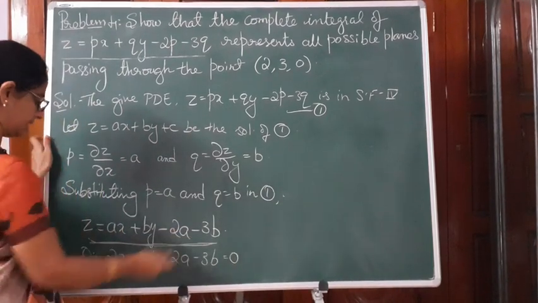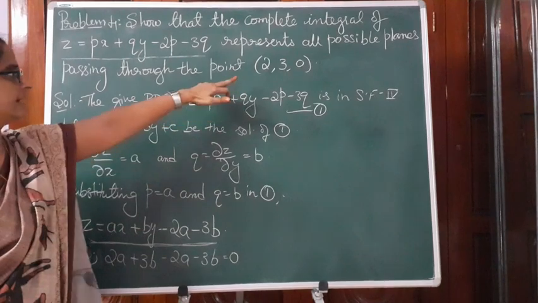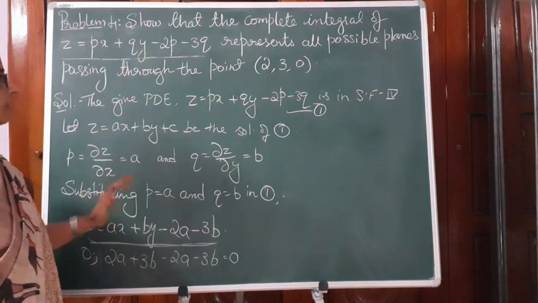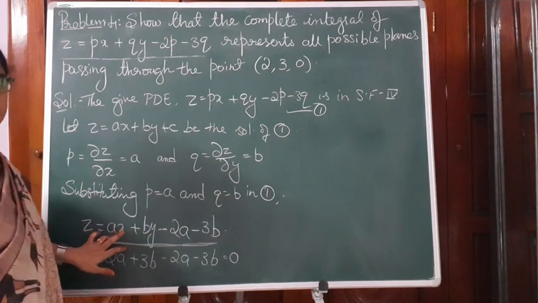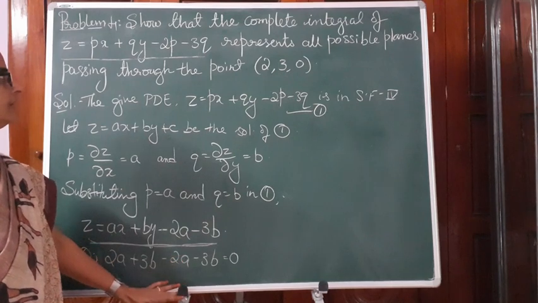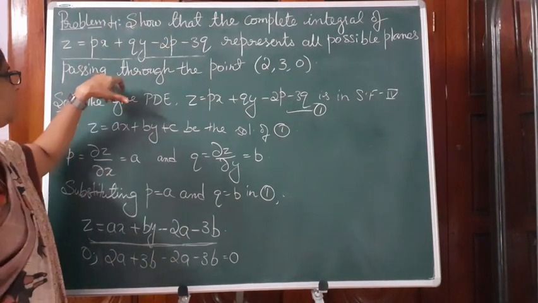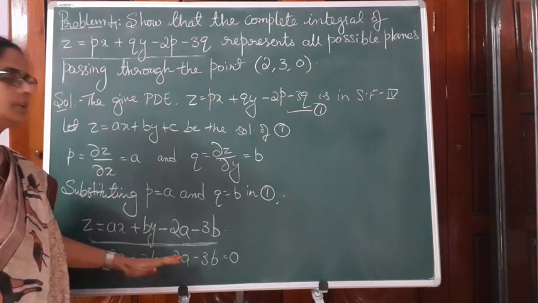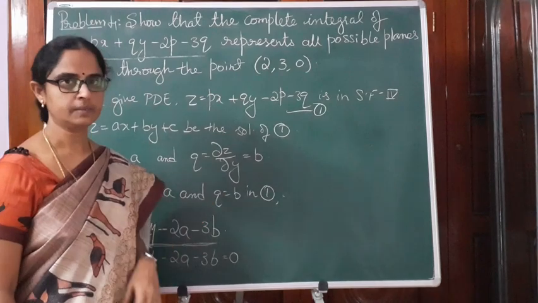So left hand side is equal to right hand side. So the point 2 comma 3 comma 0 lies on the plane z is equal to ax plus by minus 2a minus 3b. So the solution of this partial differential equation represents the planes which pass through the point 2 comma 3 comma 0. That is what we are asked to prove here.